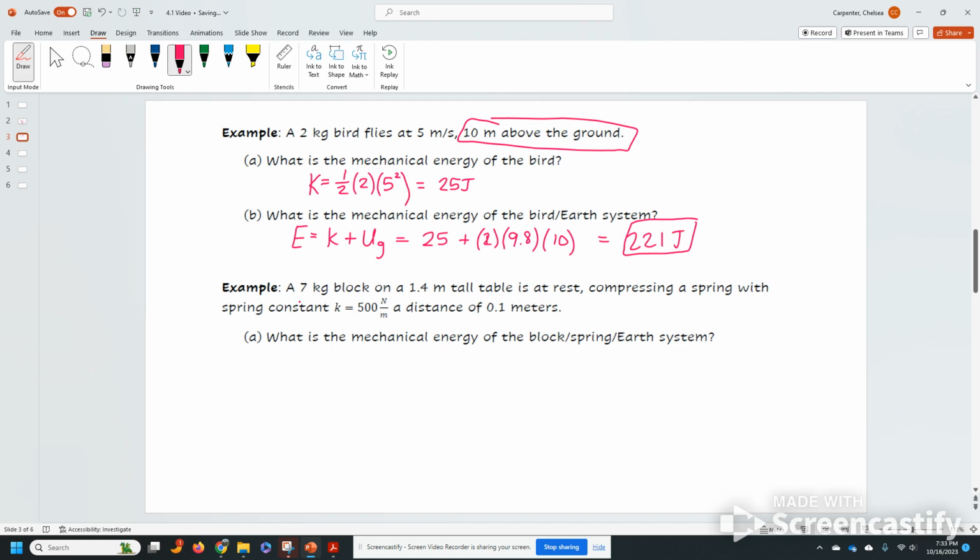All right, next one. We have a 7 kilogram block on a 1.4 meter tall table. And it is, oh, I drew this kind of wrong here.